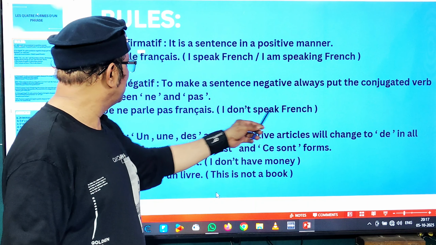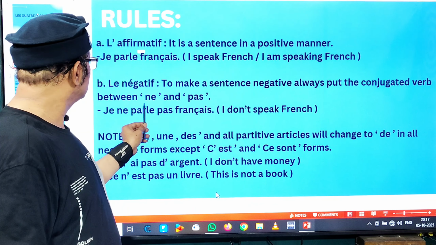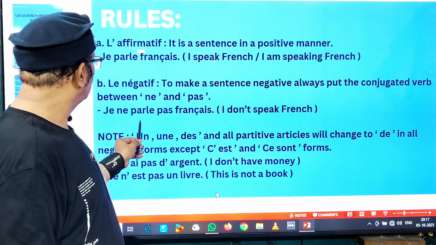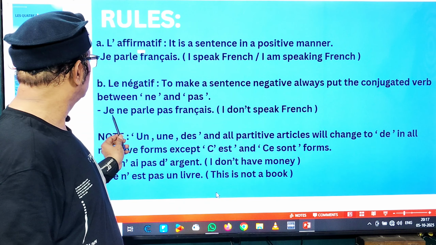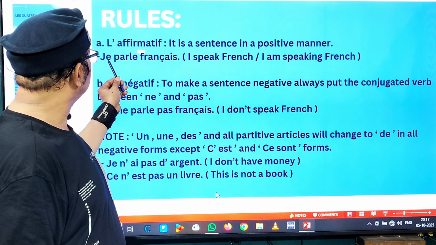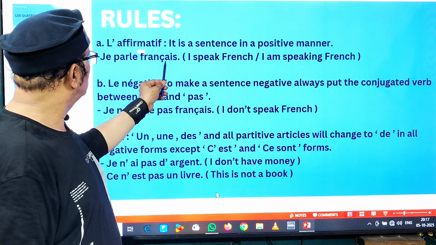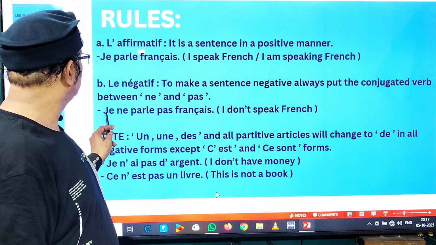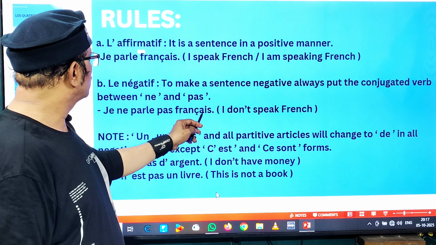I don't speak French. This parle is the conjugated verb, so I put it between ne and pas. Je ne parle pas français. Affirmative is je parle français. Negative is je ne parle pas français.